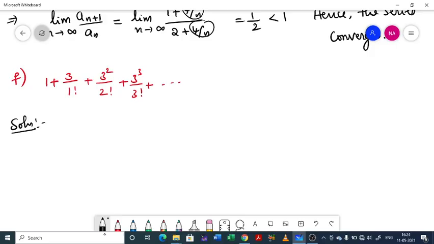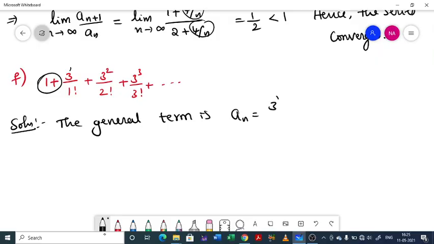Here, to write the general term, we may neglect this first term. Now we have 3 square, 3 cube and so on, so it is 3 power n by n factorial. See, when we have 1, here you have 1, 2, 2, 3, 3. So the general term is a_n equal to 3 power n divided by n factorial.